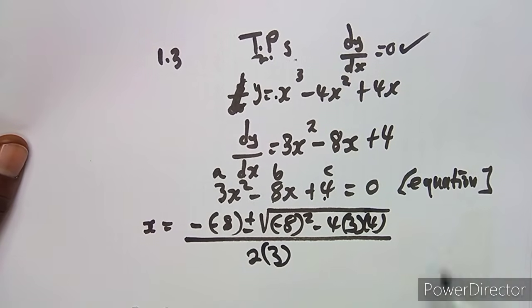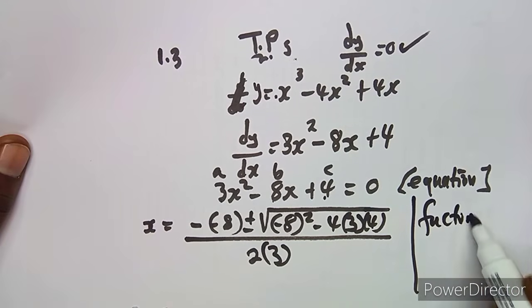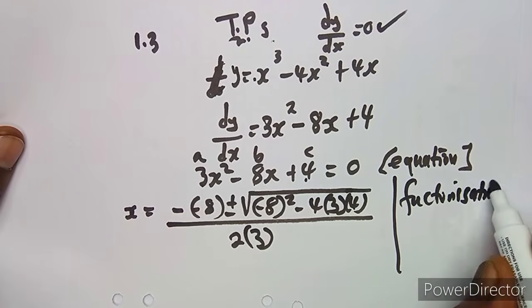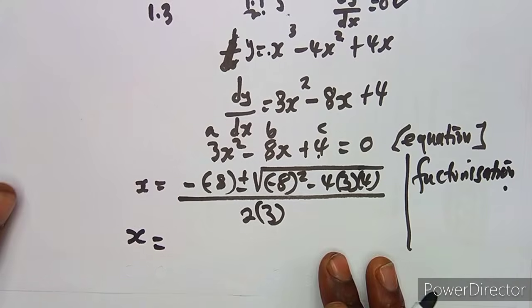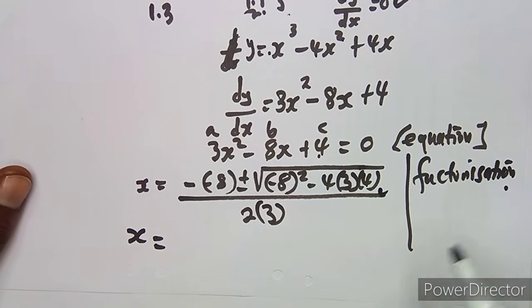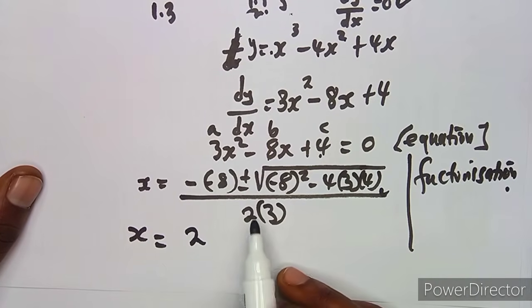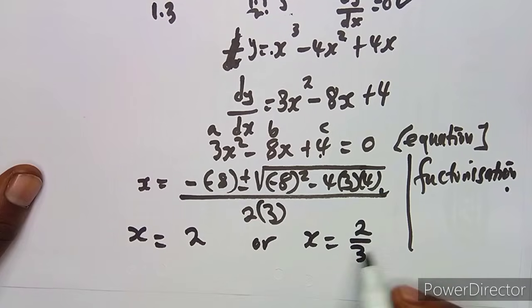For those who use factorization, you're going to obtain the same answer. So applying the quadratic formula, the value of x is going to be 2, or another value of x is going to be 2 over 3.